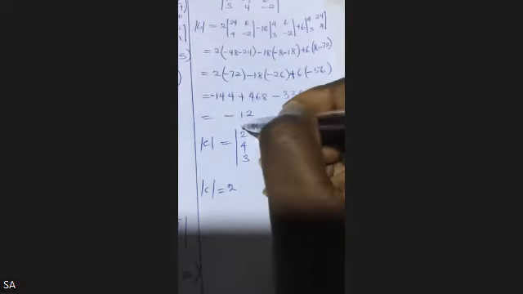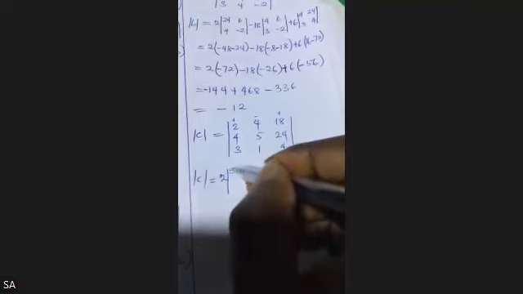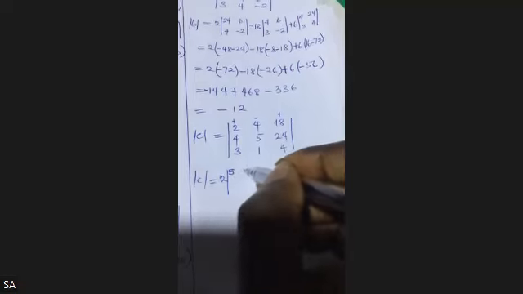So this will give me 2. Remember the sign is what? Plus, minus, plus. So this is plus 2. Let's do the subdeterminant. So this and this, I will have 5, 24, 1, 4. You should have known this now. Next one is minus 4.